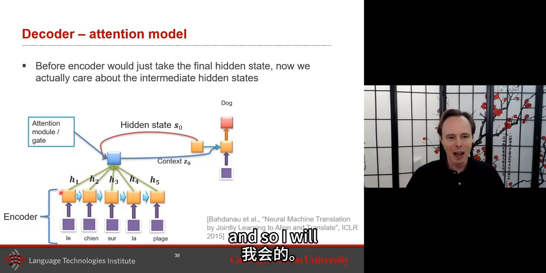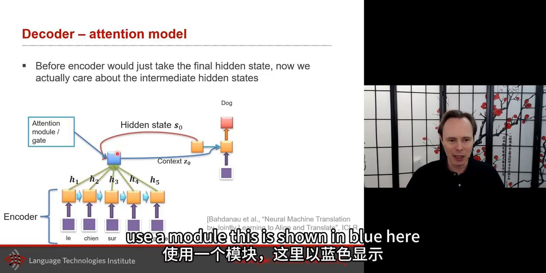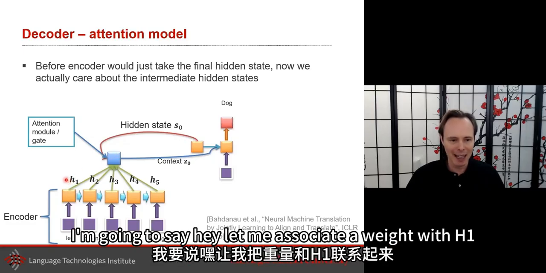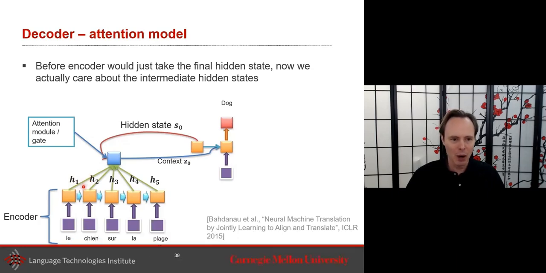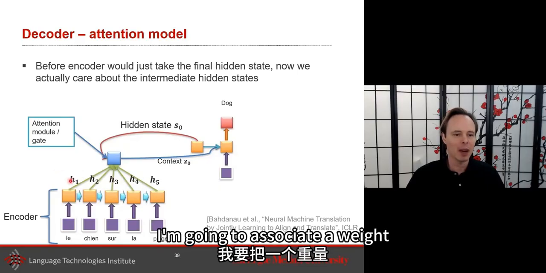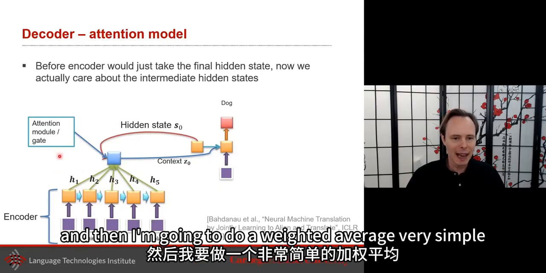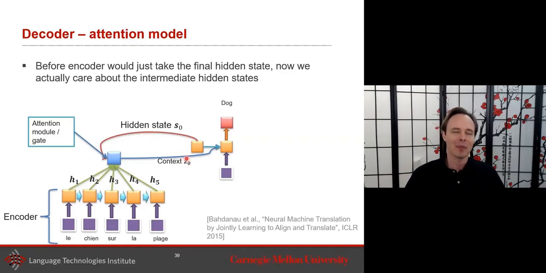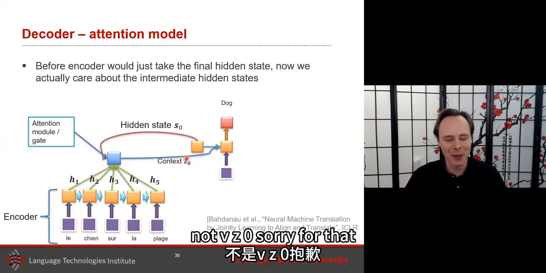So I will use a module, shown in blue here, which is going to weight. Let me associate a weight with H1, a weight with H2, a weight with H3, a weight with H4 and H5. Then I do a weighted average, very simple, and that weighted average gives me Z0, sorry for that.